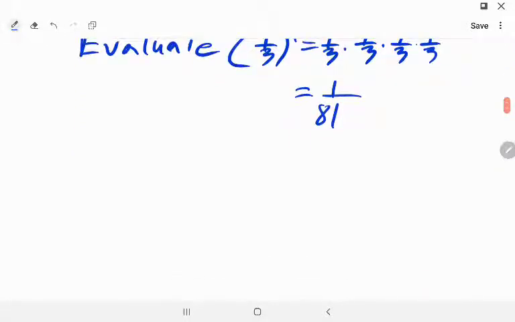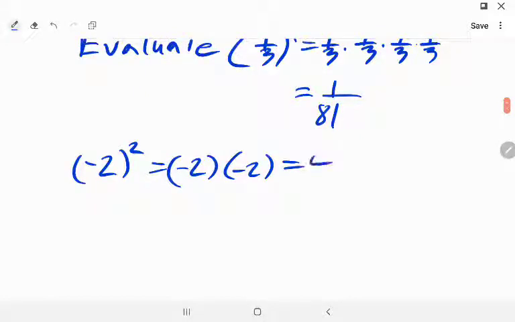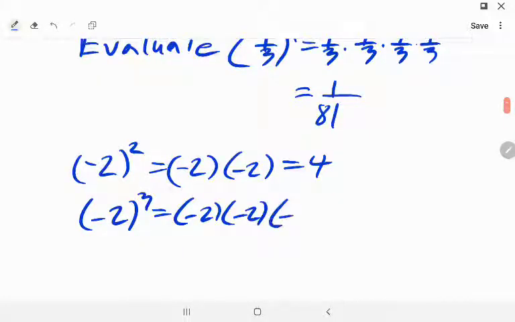So we notice we have to be a little bit careful, because if we have (-2) squared, that gives us -2 times -2, which is +4. But if we had (-2) cubed, that's -2 times -2 times -2, which gets us back to being -8.